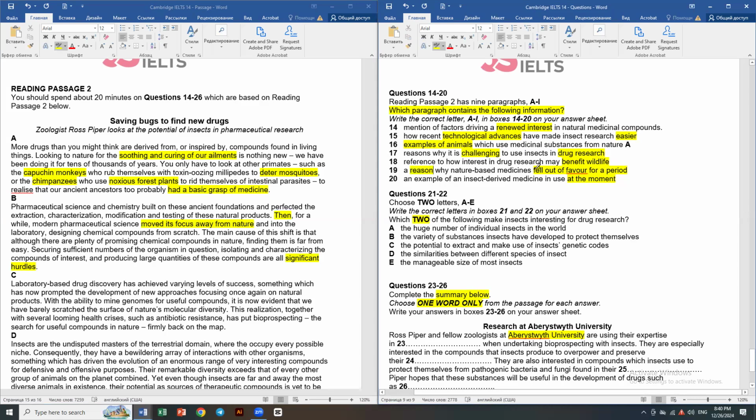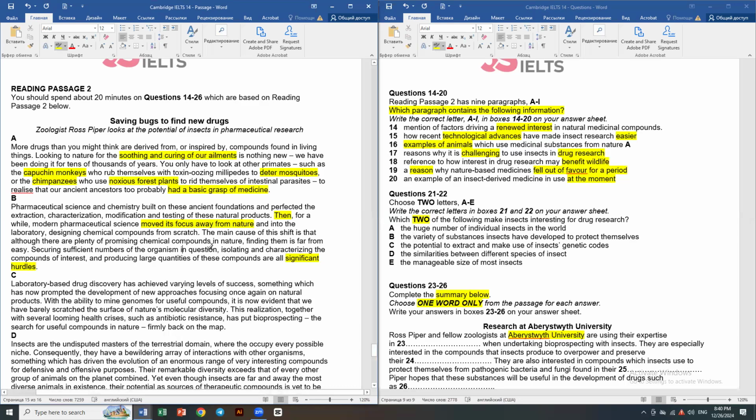However, this is saying that there's nothing really close to drug research, although there might be slight mention of that, but there's nothing really talking about how or why it is difficult to use insects in drug research. It is only giving a reason why nature-based medicines fell out of favor.